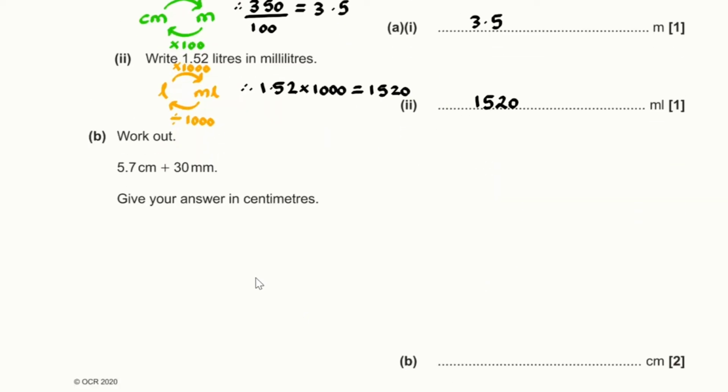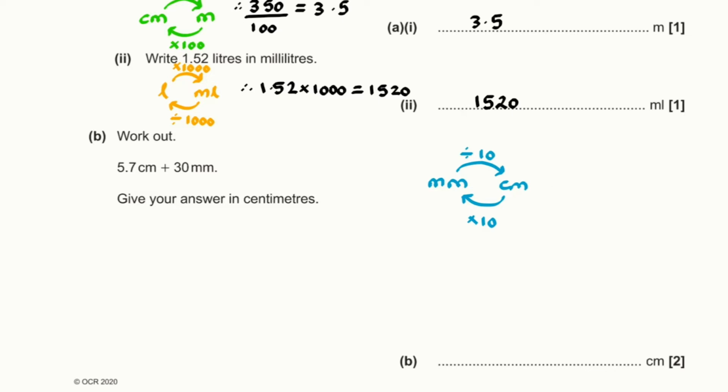So 5.7 centimeters plus 30 millimeters in centimeters. Well, we have to convert the millimeters into centimeters. To go from millimeters to centimeters, we would have to divide by 10, and centimeters to millimeters we have to multiply by 10.